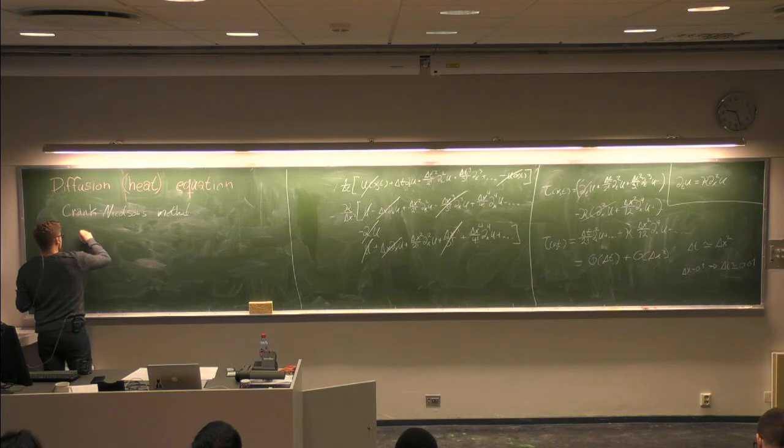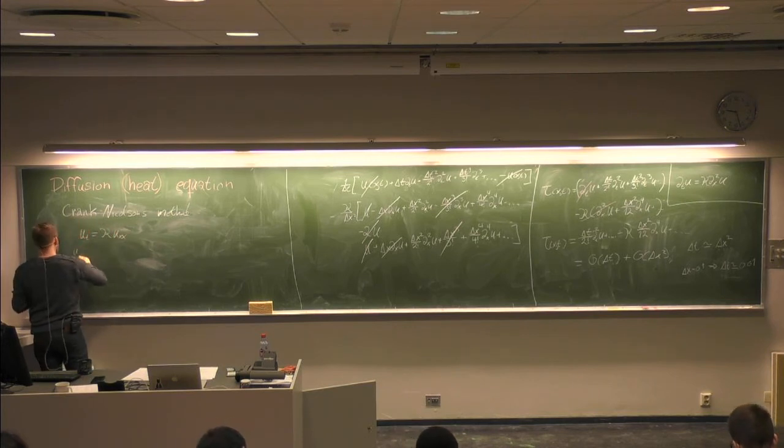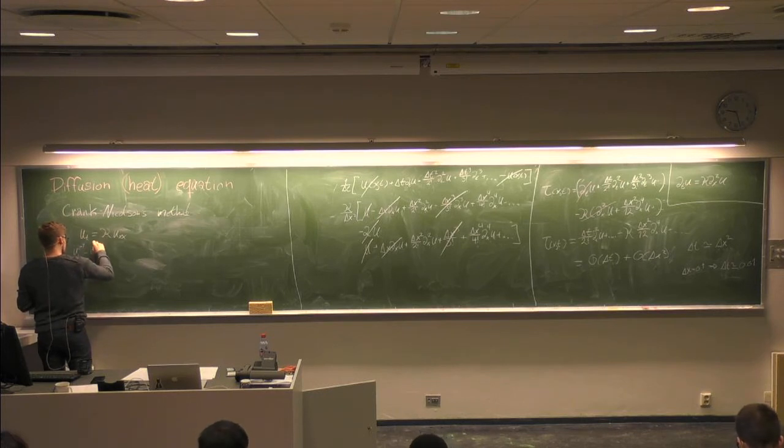Which means that, again, you start with u_t equals kappa u_xx, u_ij plus 1, u_ij, delta t.